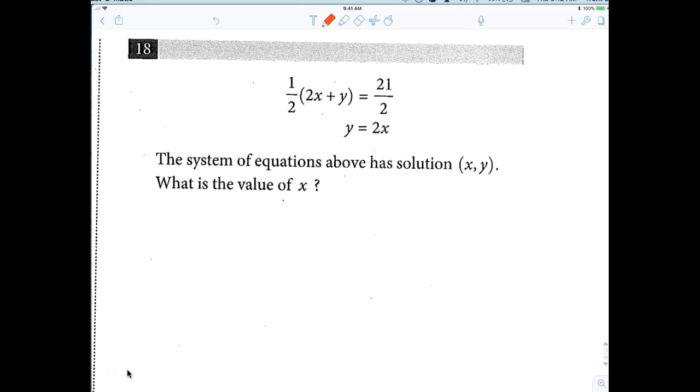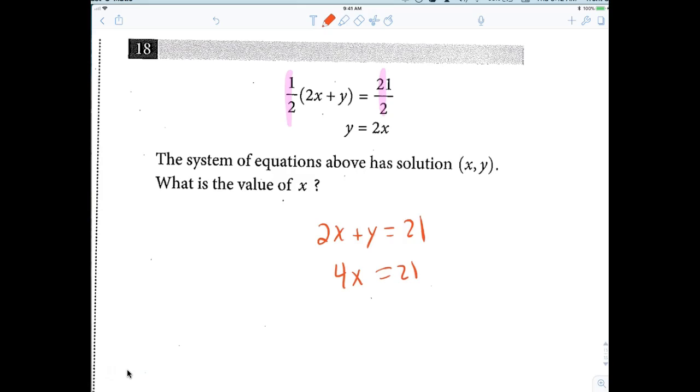I didn't know how you would divide. Then it's 21 divided by 2 over 2, and I didn't know how to. All right, so does everybody look at this real quick? This fraction is annoying. So you can just say literally 2x plus y equals 21. Do you agree with that? And then y equals 2x, so 4x equals 21.